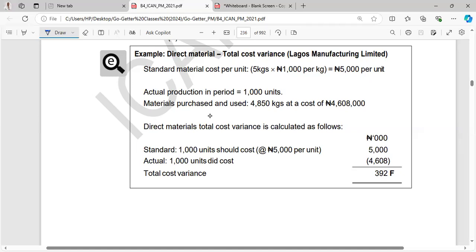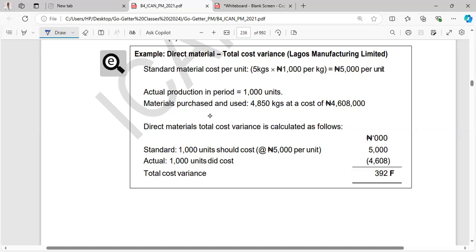Now you have produced 1,000 units, actual production. The materials purchased to make these 1,000 units happen to be 4,850 kg at a cost of 4,608,000. All right. So now what happened?